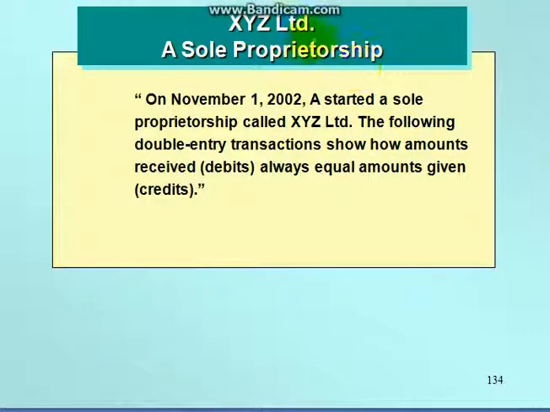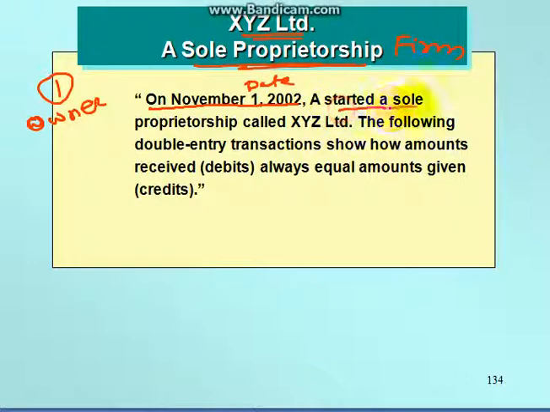So let us take an example. For example, XYZ Limited, it is a sole proprietorship firm. Sole proprietorship means only one owner. So here example is written on November 1, 2002, means the date is mentioned. A started a sole proprietorship firm called as XYZ.